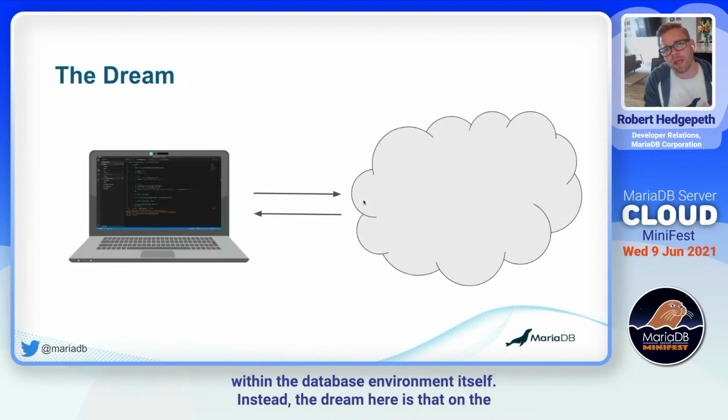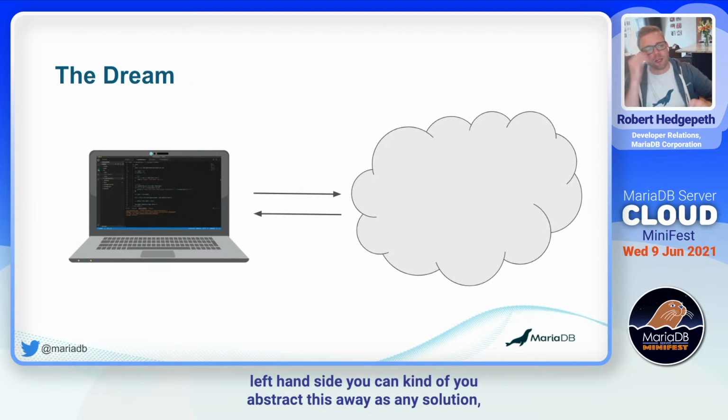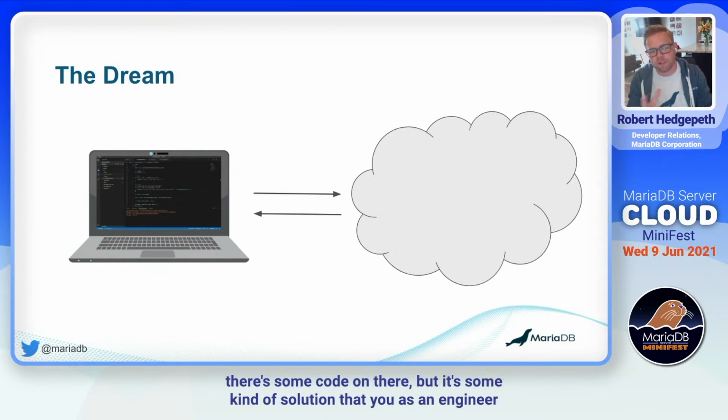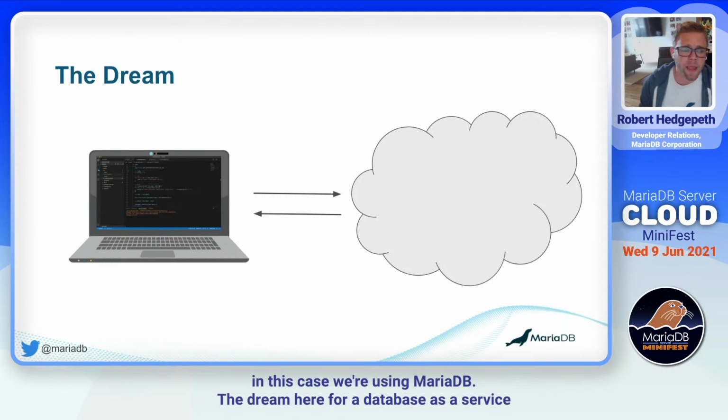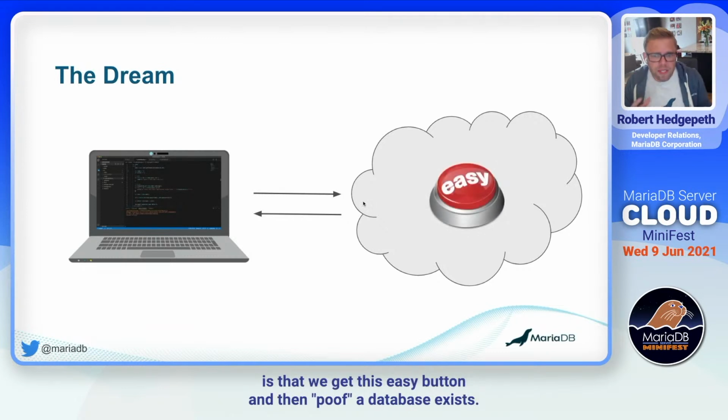Instead, the dream here is that on the left-hand side, you can abstract this away as any solution, right? There's some code on there, but it's some kind of solution that you, as an engineer, are trying to create, and it uses a database. In this case, we're using MariaDB. Now, the dream here for a database as a service is that we get this easy button, and then poof, a database exists.